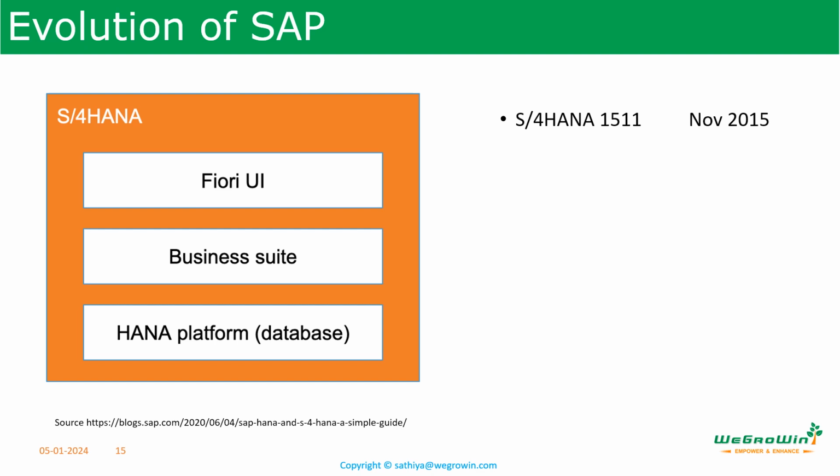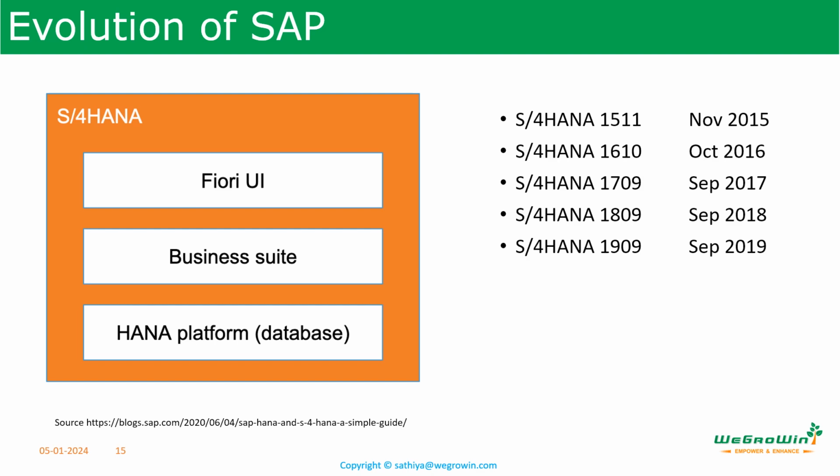All the modules available in S4 HANA are optimized to take full advantage of the in-memory capabilities of the HANA database and the Fiori user interface. Every year, a new release of S4 HANA is released with new functionalities and bug fixes. The releases follow a naming convention of four numbers where the first two numbers represent the year and the last two numbers represent the month. For example, S4 HANA 1610 was released in October 2016.